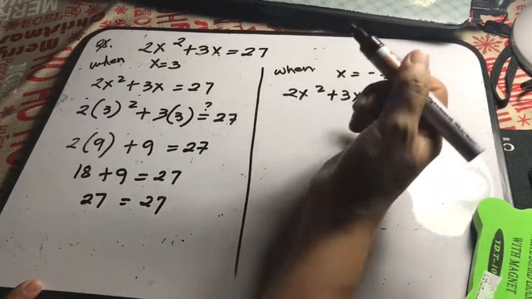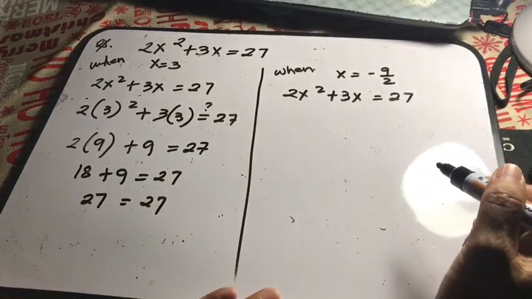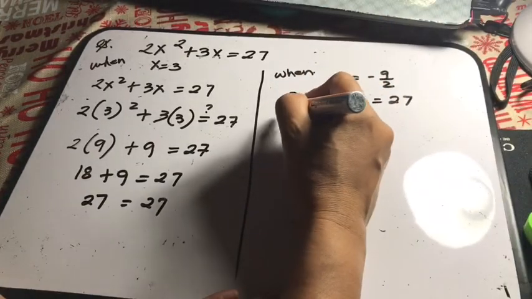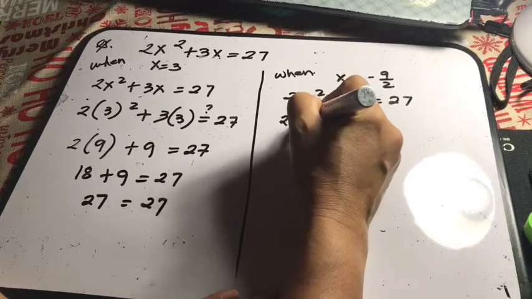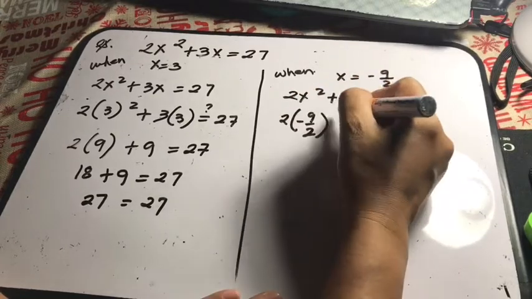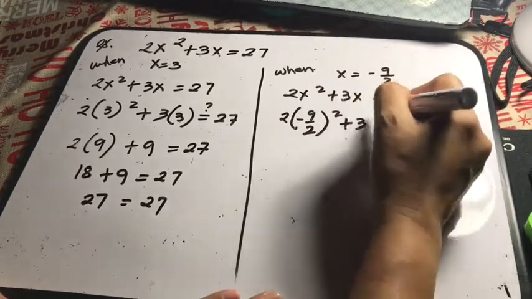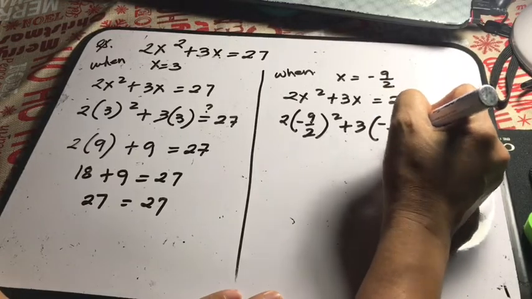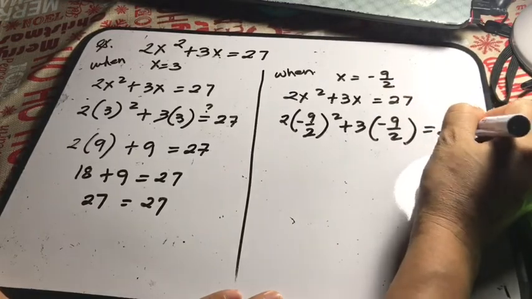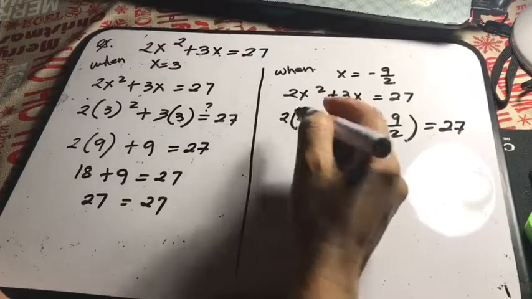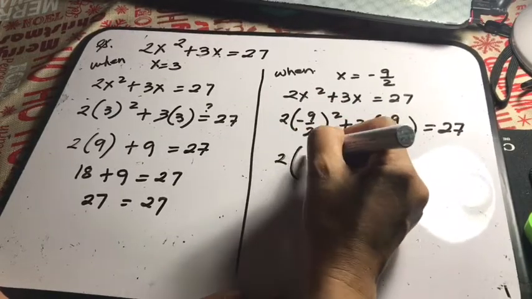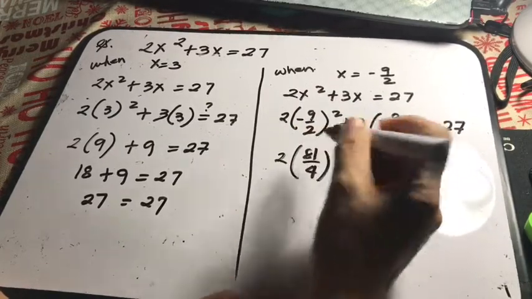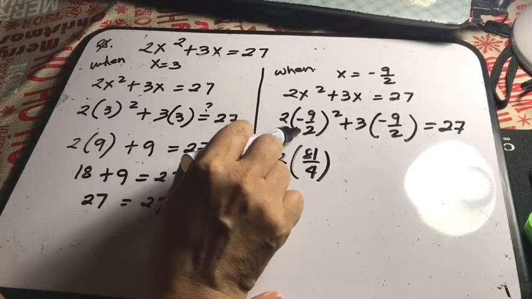Now, what about when x is equal to negative 9 over 2? Again, we have 2 times negative 9 over 2 quantity squared plus 3 times negative 9 over 2 equals 27. So this is 2 times 81 over 4, since we squared 9 and also 2 squared.